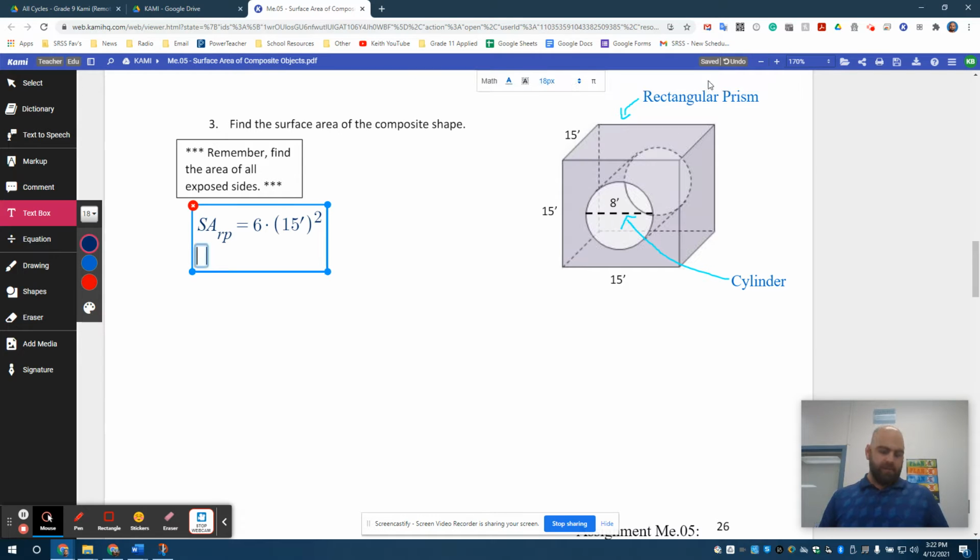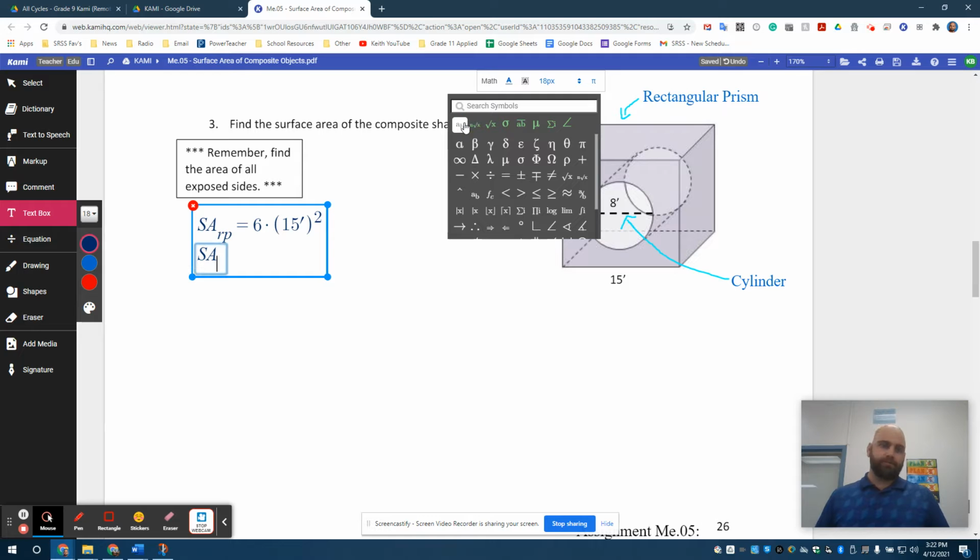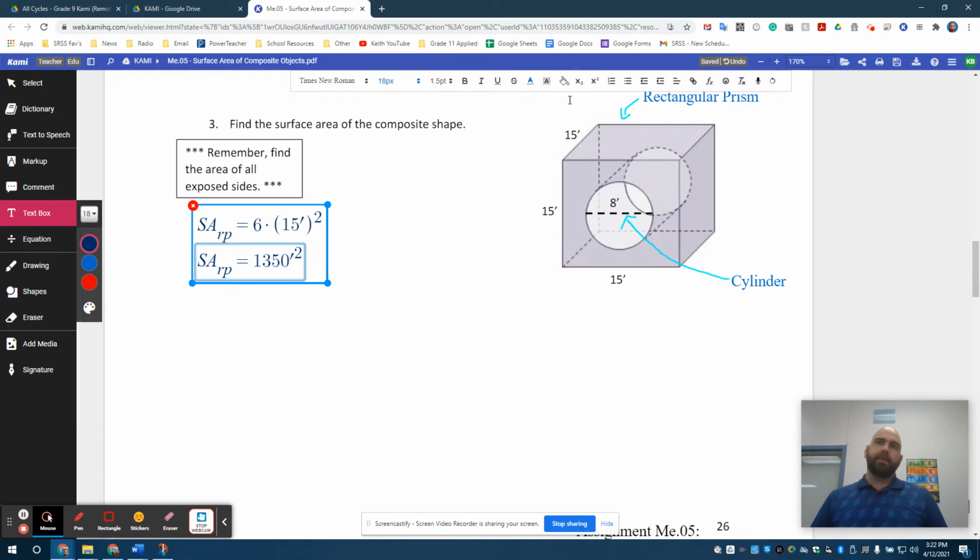And that's going to give me a surface area of the rectangular prism equal to 6 times 15 squared, which is 1,350 square feet.